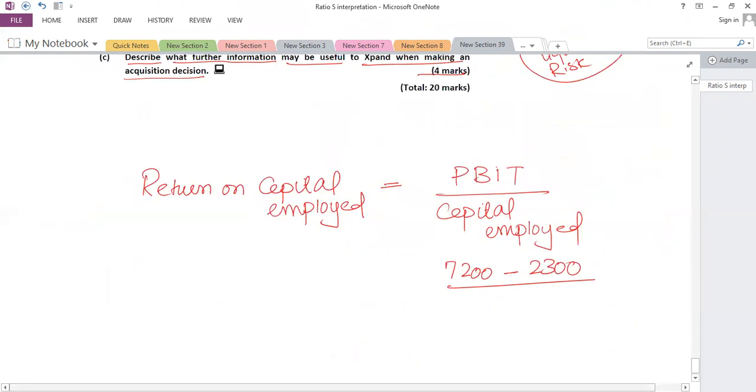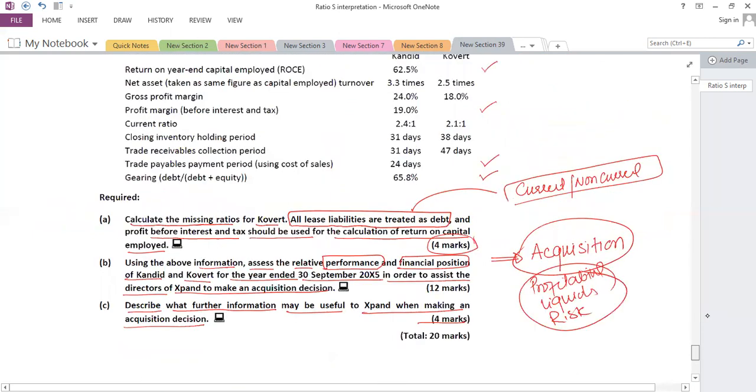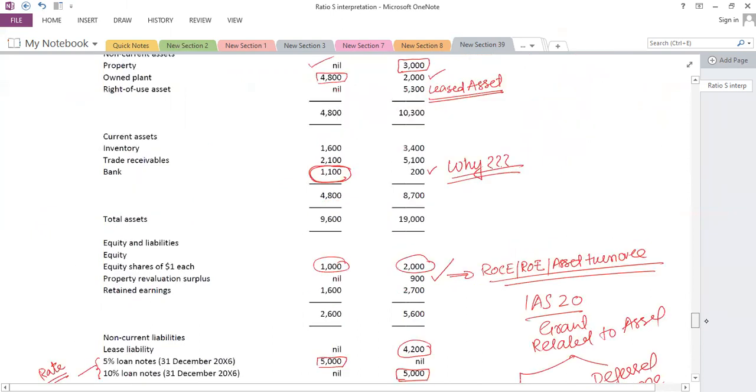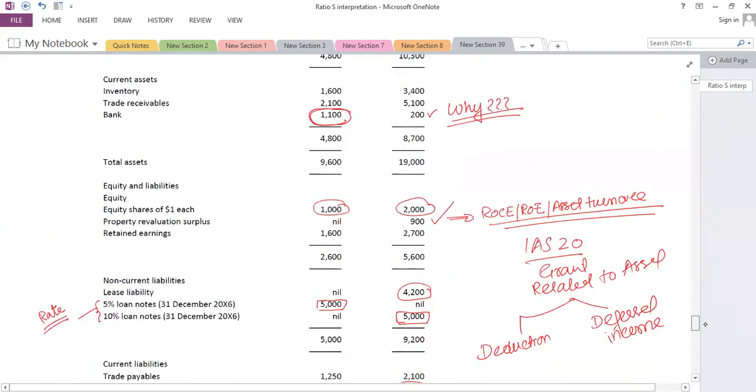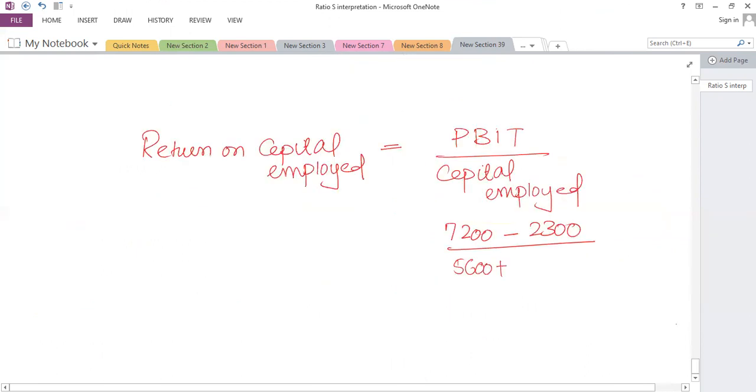So we can take the equity value, 5,600. The long-term debts we have: 5,000 plus 4,200 plus 100 plus 1,000, multiplied by 100. Can you find out the answer of return on capital employed?